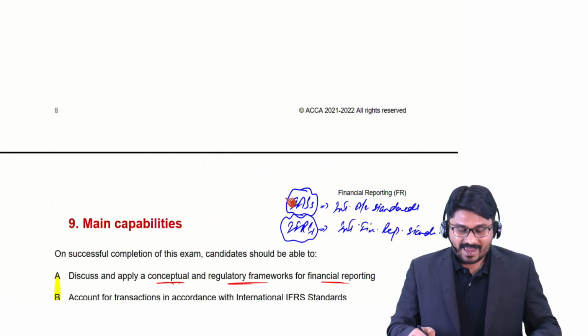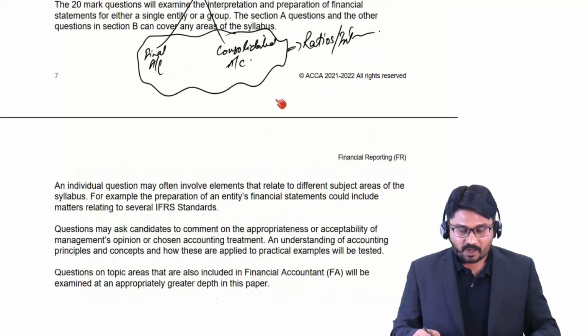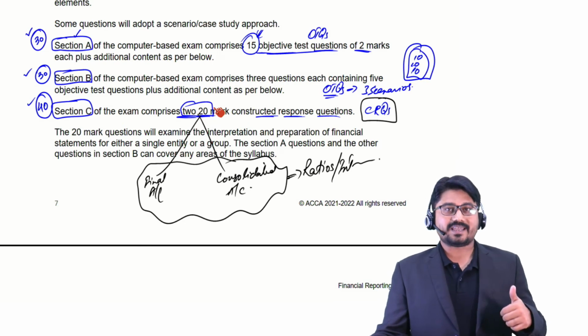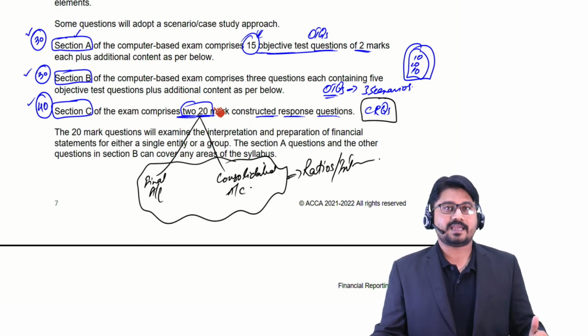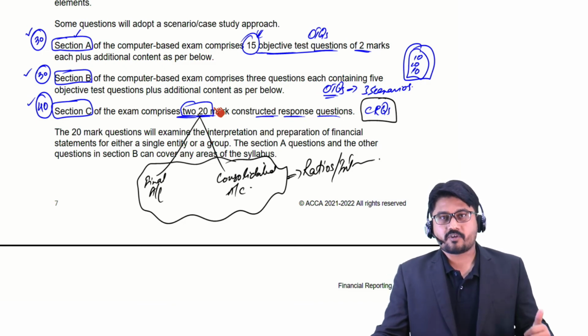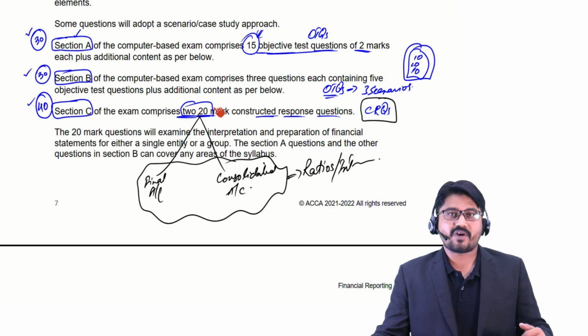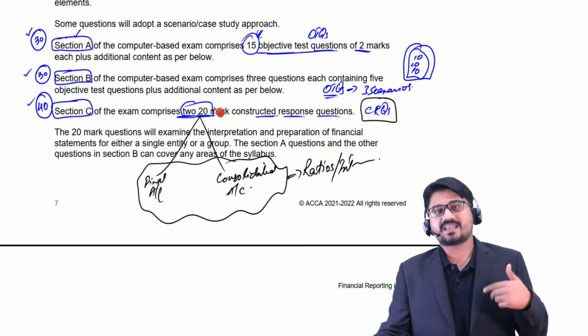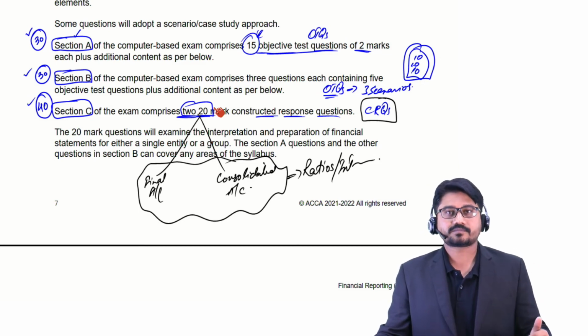So in this part of the paper, in section C, the examiner can ask you to prepare, let's say, a statement of P&L only. Or the examiner can ask you to prepare a statement of P&L and statement of financial position. It's not like the examiner will always be asking the same questions again and again.